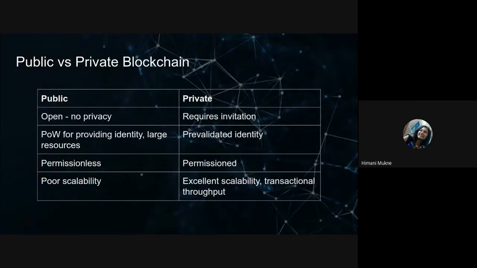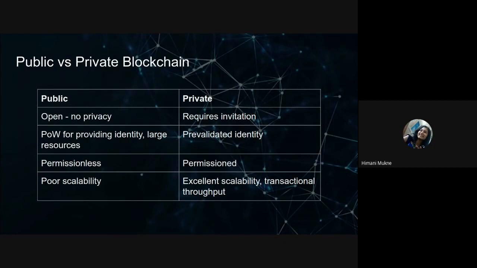But the basic distinction between public and private is that, to draw an analogy, a public blockchain can be viewed as being all of the internet, whereas a private blockchain will be only intranet pages that can be accessed only within an application, within an organization.